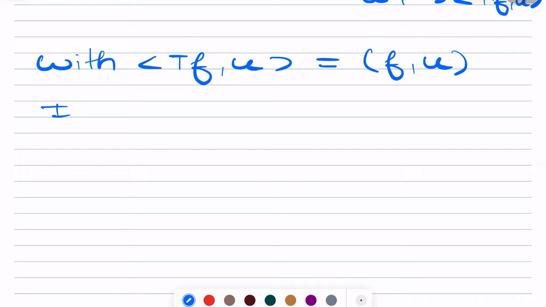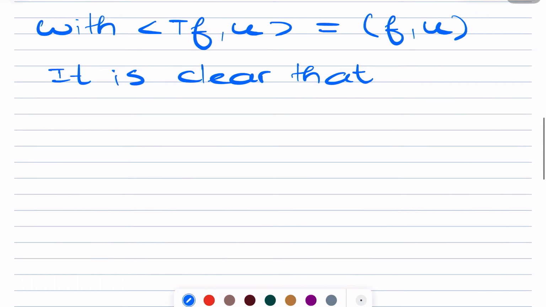You can check, it's actually easy to check, that it's clear that the operator norm of Tf is exactly the norm of f.